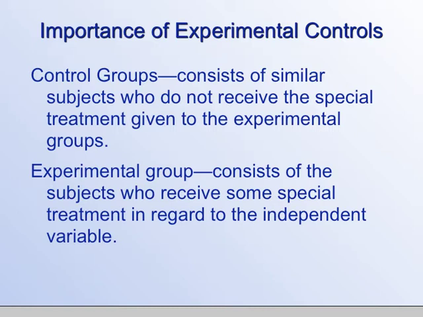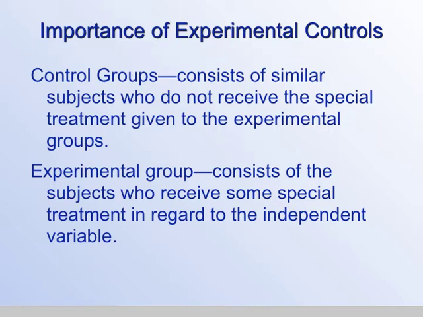So let's think, for instance, of a drug company running a test to see if a new diet pill works. We have a control group and an experimental group. The control group pulls from the same population the experimental group comes from. Okay? Same type of people, all 20 to 50 years old, men and women, a whole cross-section of ethnicities to give a good, solid representation of the United States population.